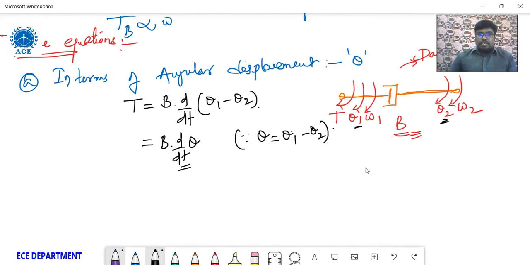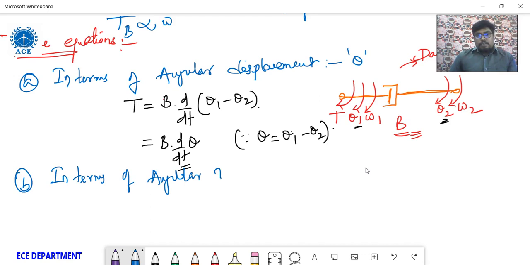Commonly we'll write the units for all. Next is B, writing the torque equation in terms of angular velocity omega. What is that?